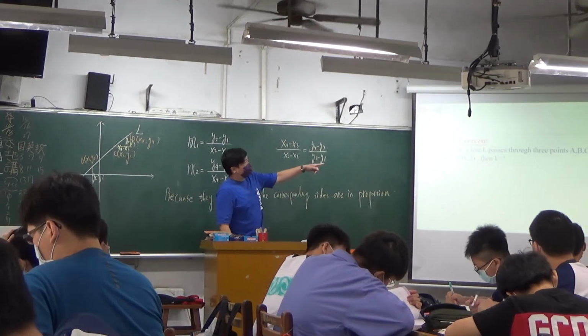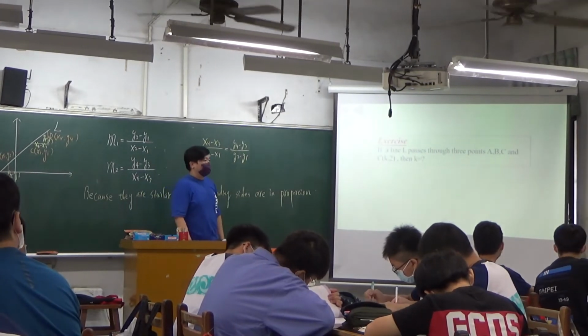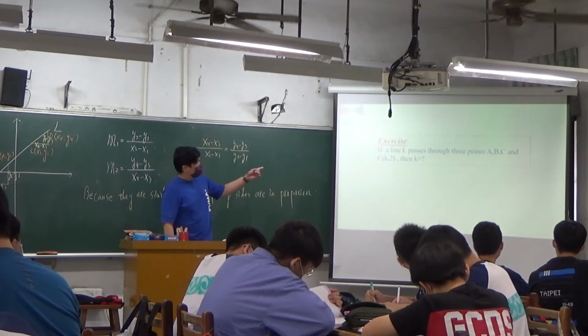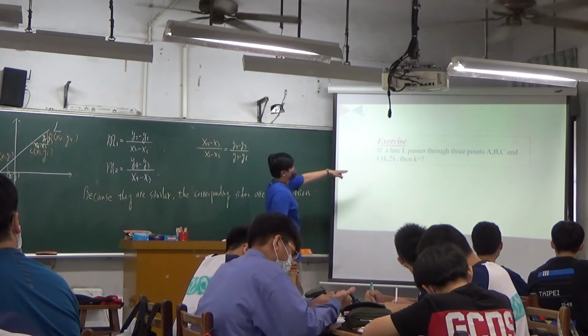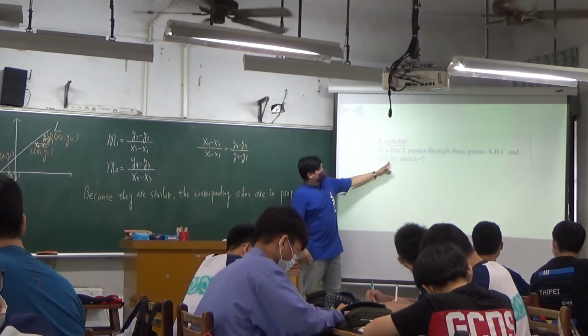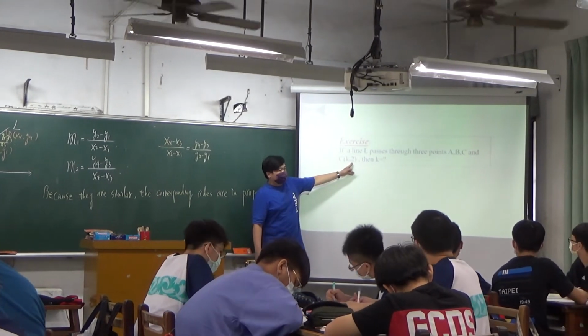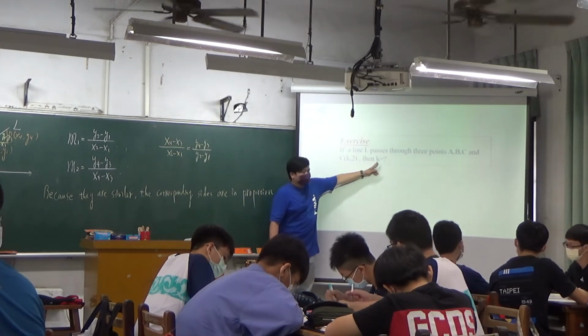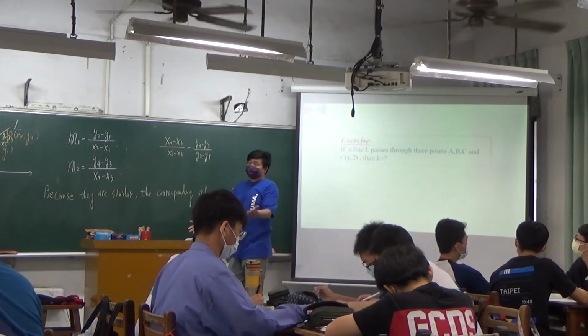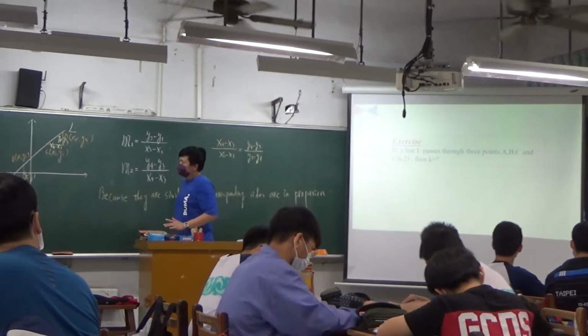If a line L passes through 3 points A, B, C, and (C, K2) is the coordinate of C, then what is K?